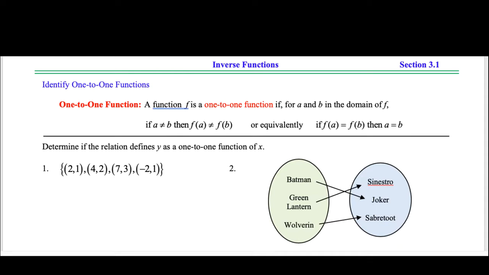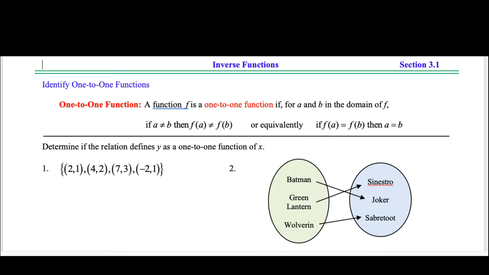Okay. So, not every function has an inverse. The only functions that have inverses are functions that are referred to as one-to-one functions. So we'll start this section by going over the definition of a one-to-one function and then looking at a few examples.